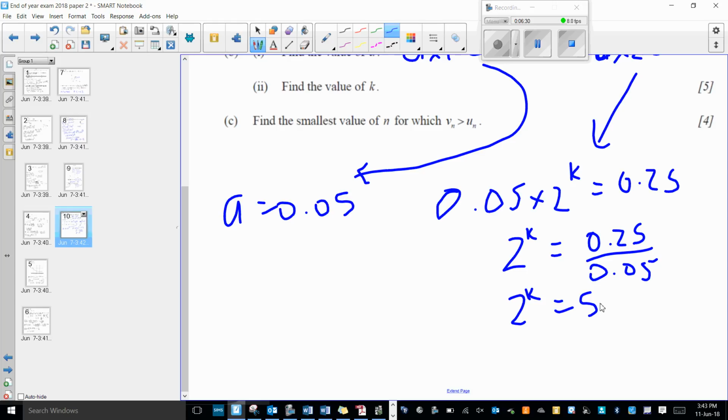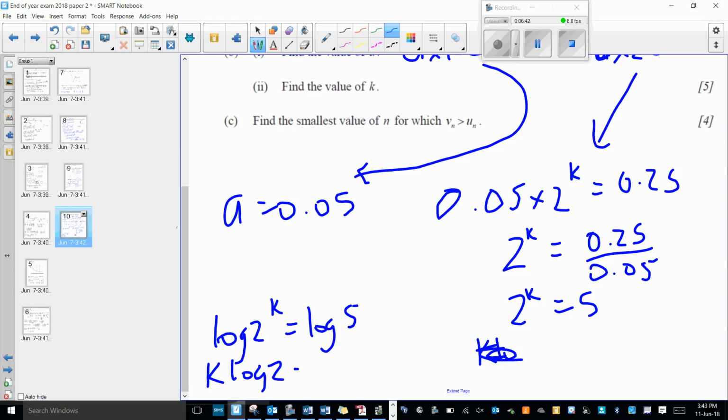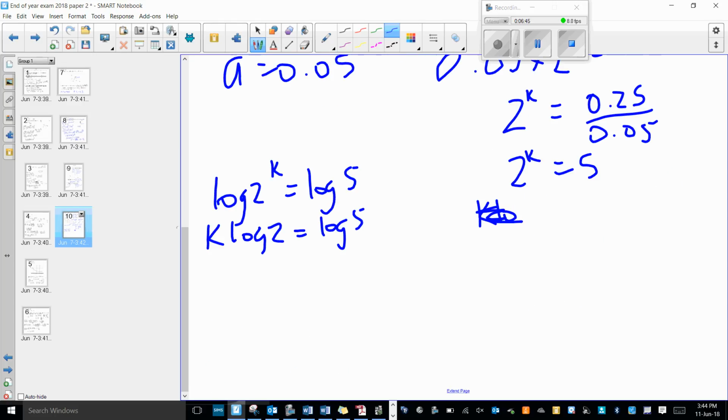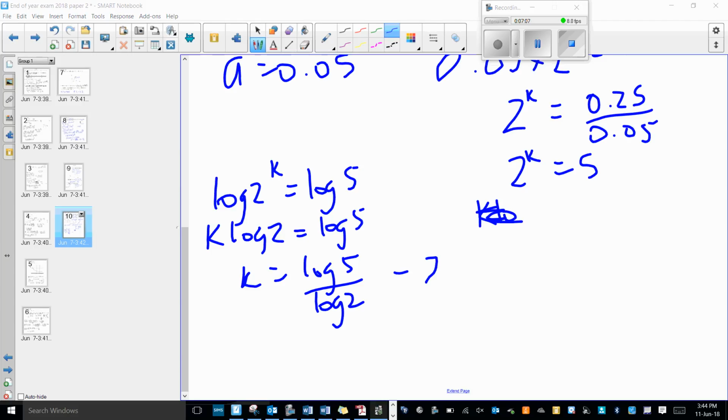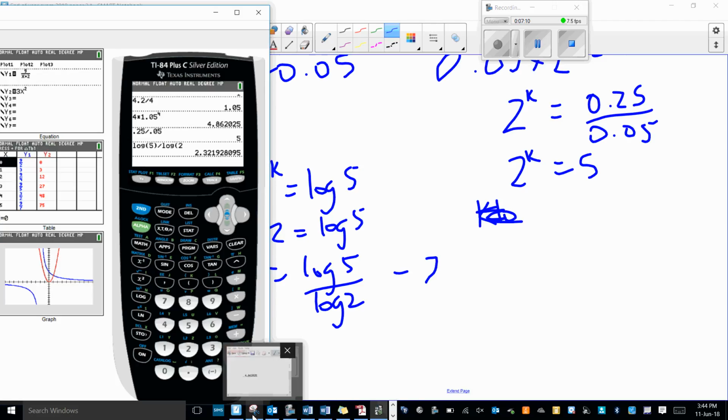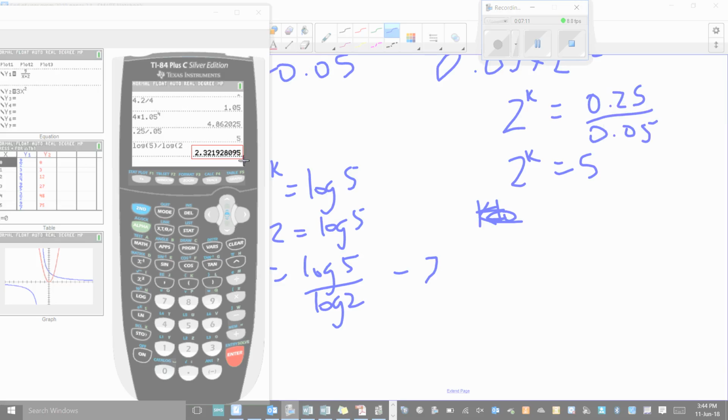So we've got log of 2 to the k equals log 5. k log 2 equals log 5. k equals log 5 over log 2. So log 5 divided by log 2 is 2.32.